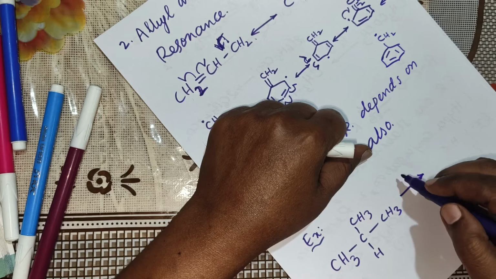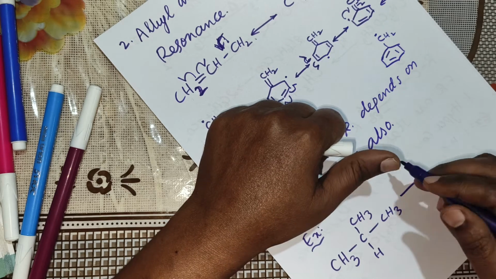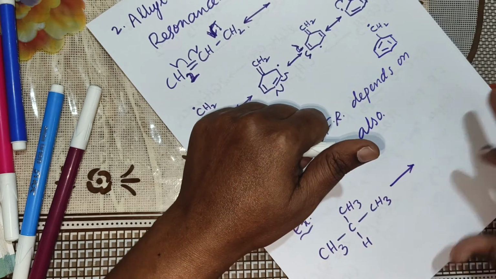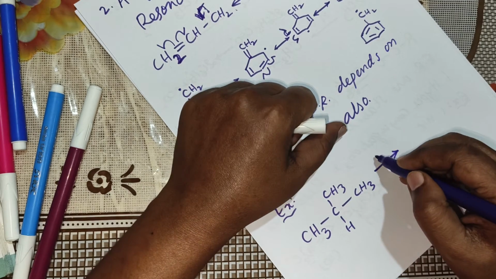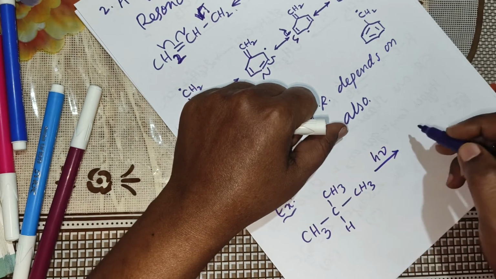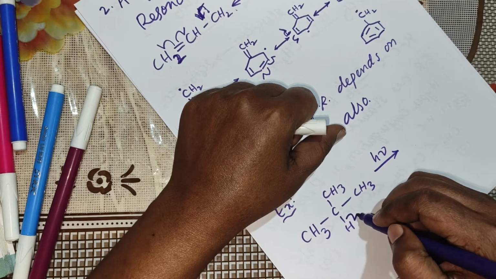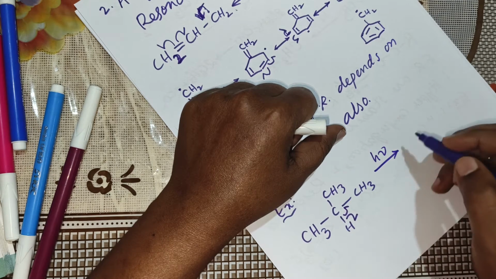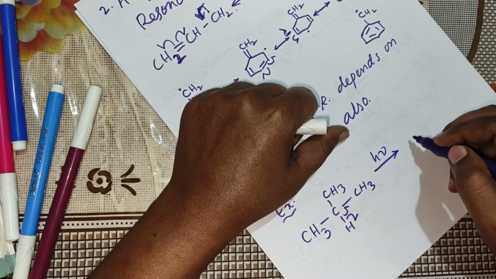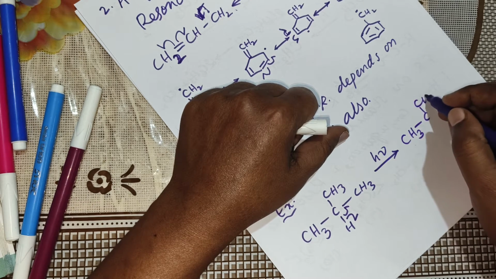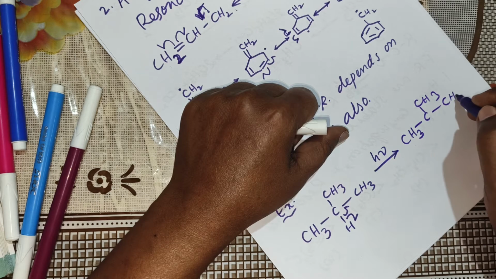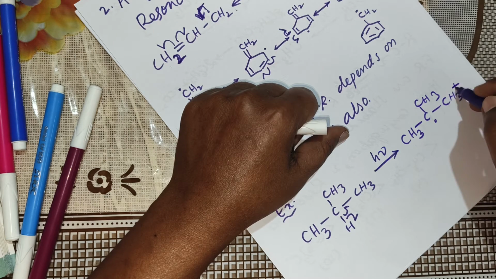Already we know, by thermal or photochemical means, H nu. Then this bond is shifted towards this and one bond is shifted towards that. You get CH3 C CH3 CH3 free radical, and H will be removed.